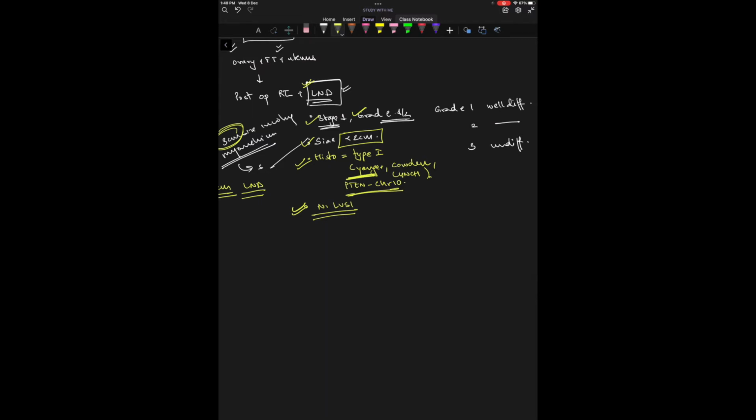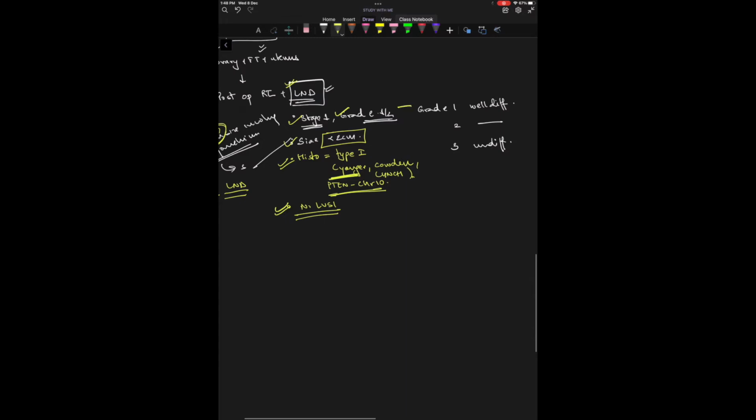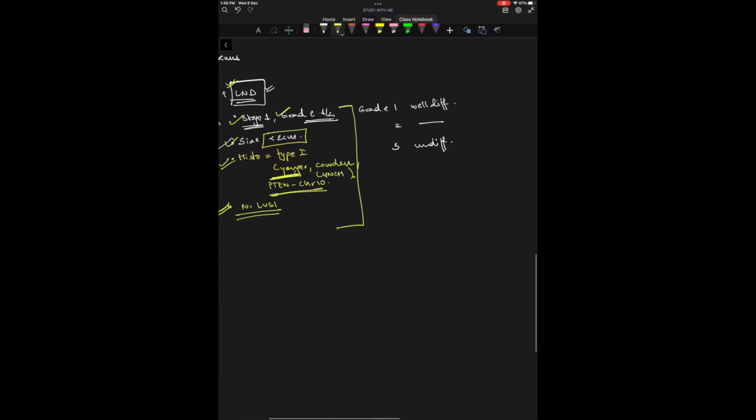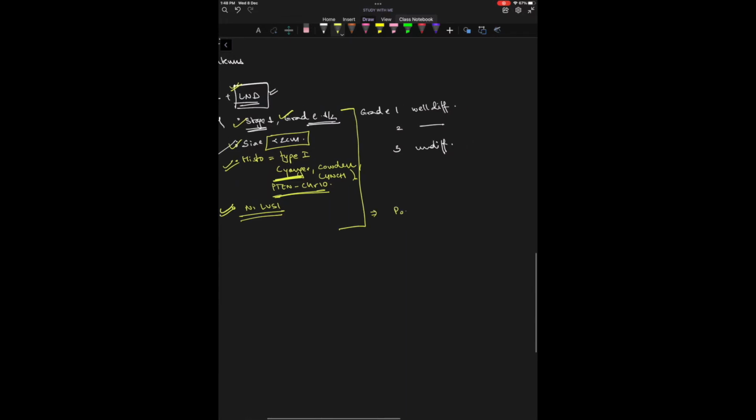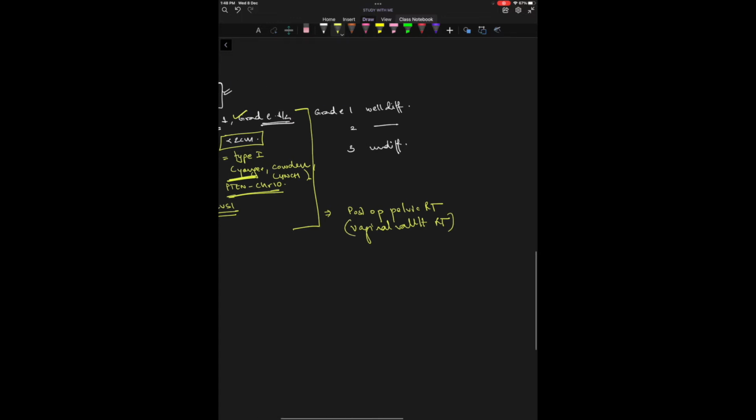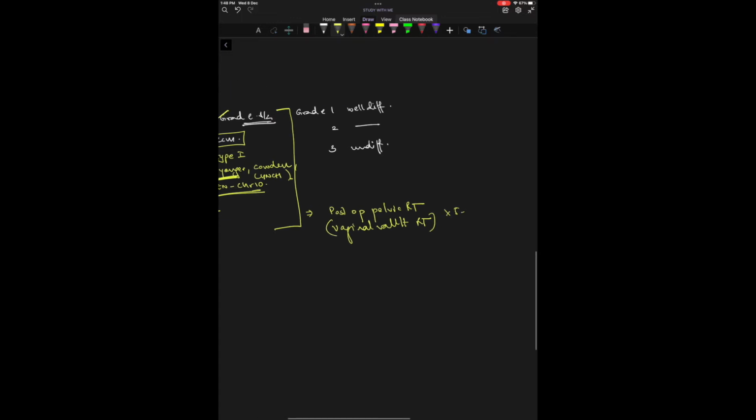Okay, what do we do in all these tumors then if lymph node dissection is not being done? We do a post-op pelvic radiotherapy, a vaginal vault radiotherapy, okay, and this is to be done for a period of 5 to 6 weeks.